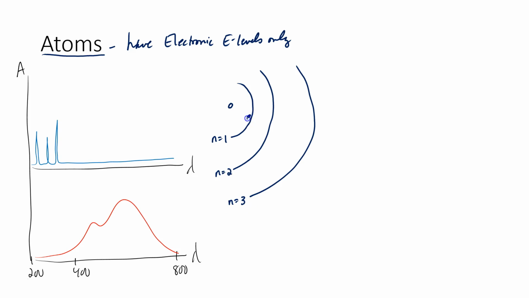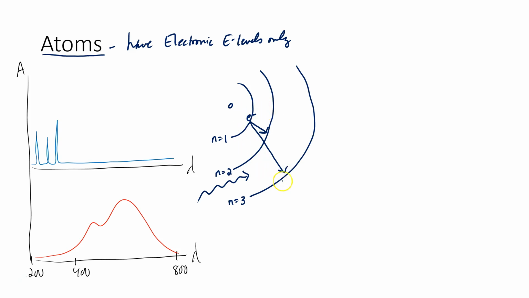And if here is an electron, if a photon with enough energy gets absorbed, that electron can get promoted from the first shell to the second shell. If you increase the energy of that photon, your electron may be promoted from the first shell to the third shell.